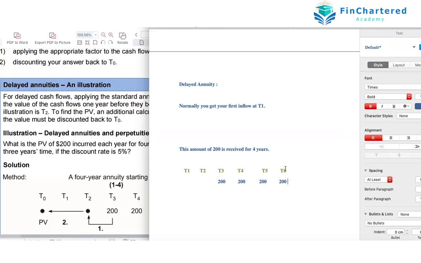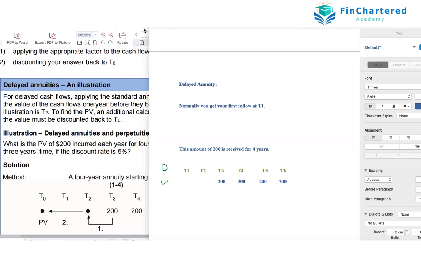So how will I find the value of this amount today, in time 0? All of you listen very, very carefully. There are 2 ways of calculating this. I'll tell you the easiest way first.